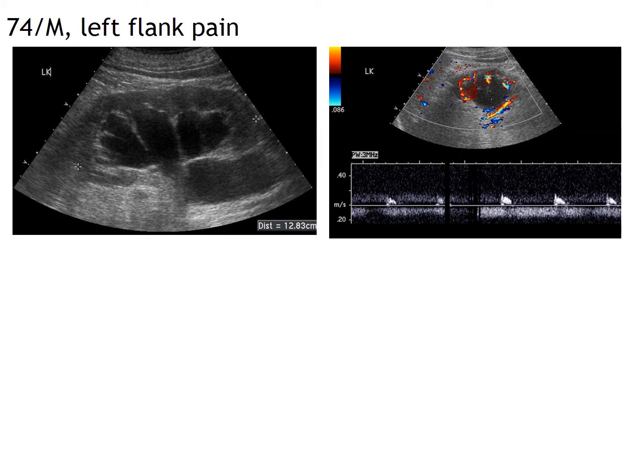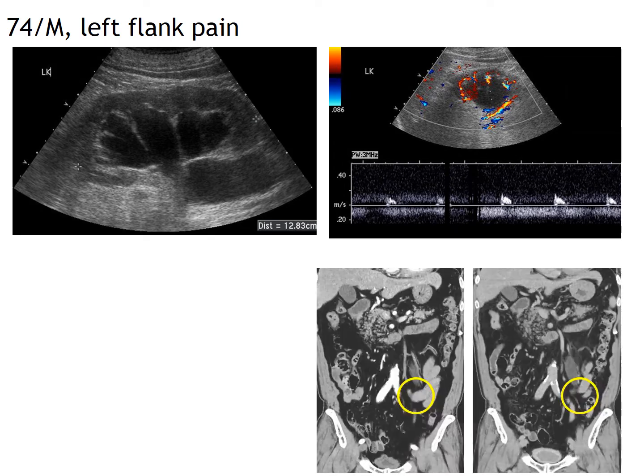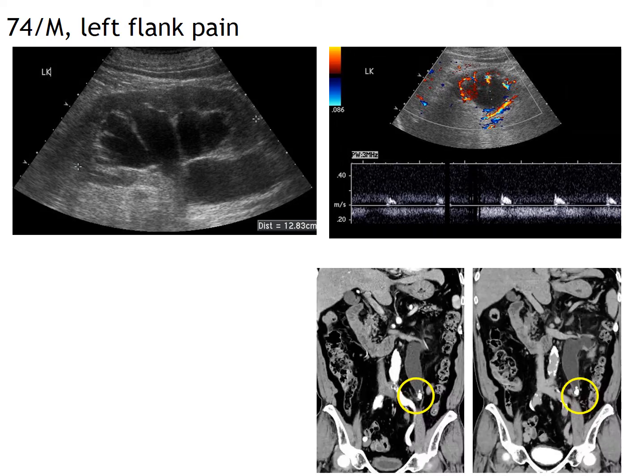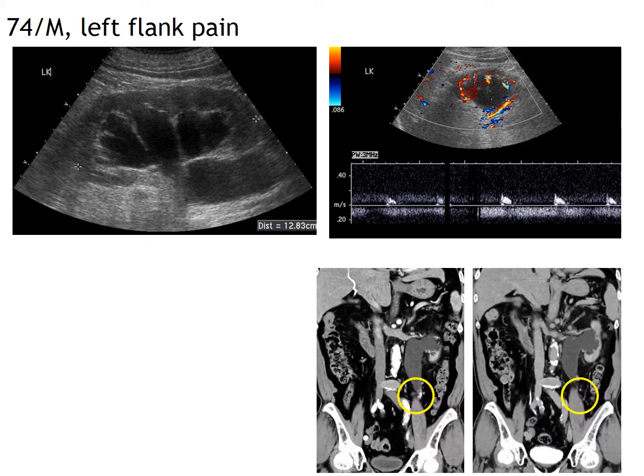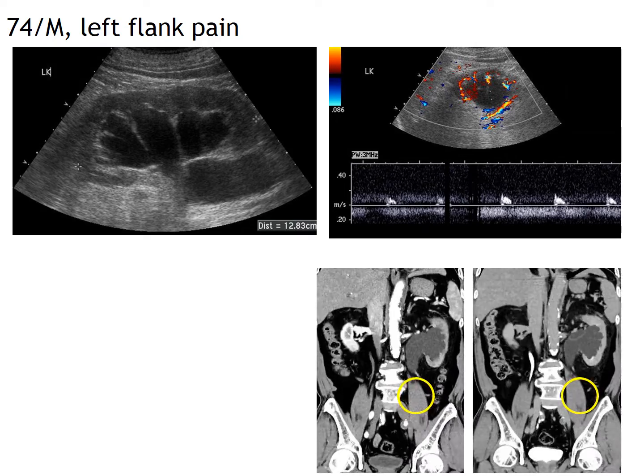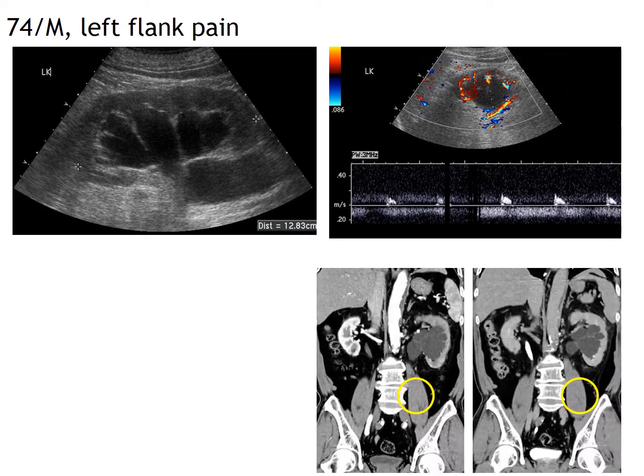In this old patient with left flank pain, we see severe hydronephrosis with very weak flow signal without diastolic flow, so resistive index is 1.0. Coronal CT images in early corticomedullary phase and late excretory phase show a middle ureter stone causing significant obstruction with decreased perfusion and delayed excretion.